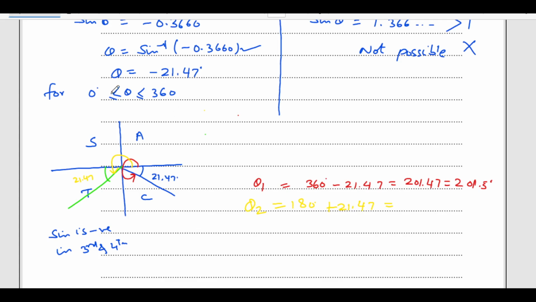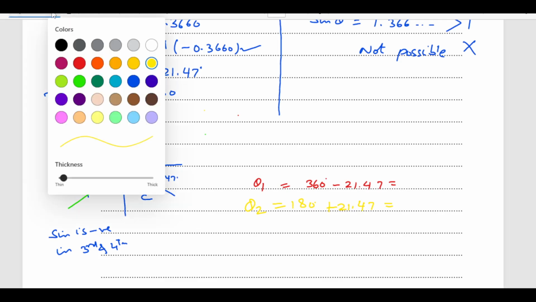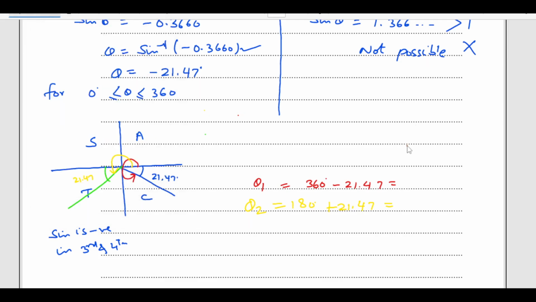Sorry guys, wait, I made a mistake in this calculation. It is 360 minus 21.47, which gives us 338.53, which is equal to 338.5 degrees.